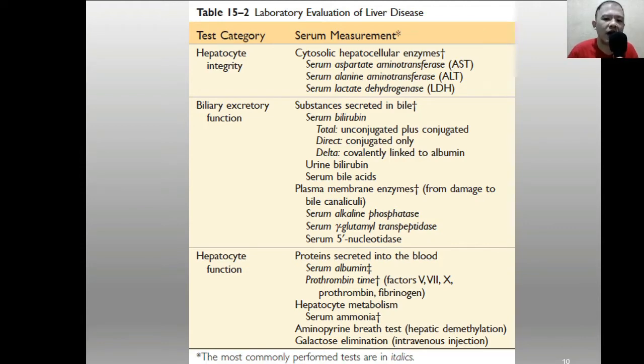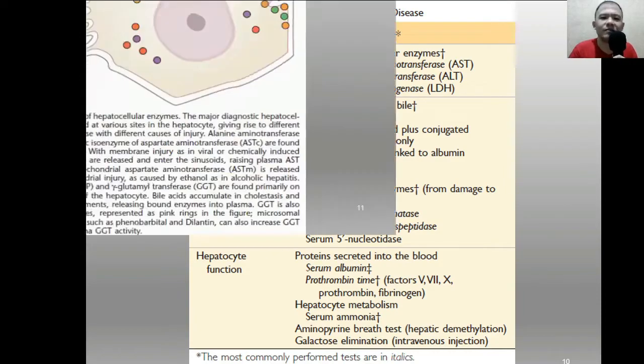So you have albumin, okay. Also the clotting factors. So they have the assessment of the prothrombin time, okay. Also ammonia, okay, because ammonia is a byproduct of the protein metabolism, in which the liver is also involved, okay.